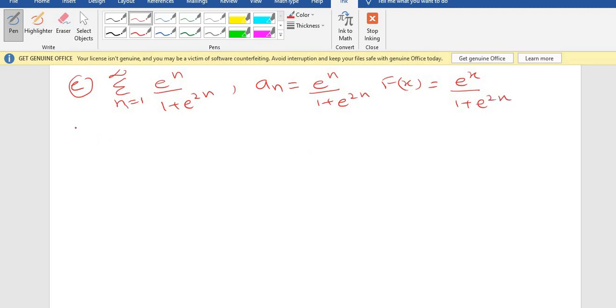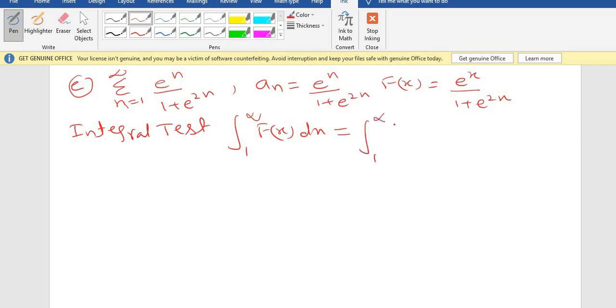Now by using the integral test, the integral from 1 to infinity of f of x dx. That means from 1 to infinity, e power x divided by 1 plus e power 2x integrated. So how can I integrate this?